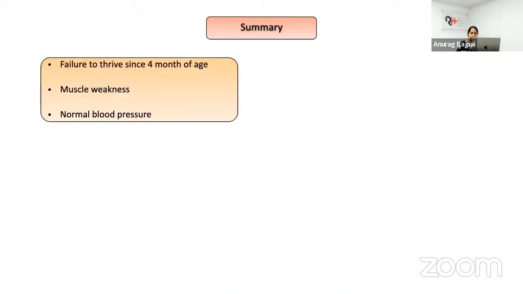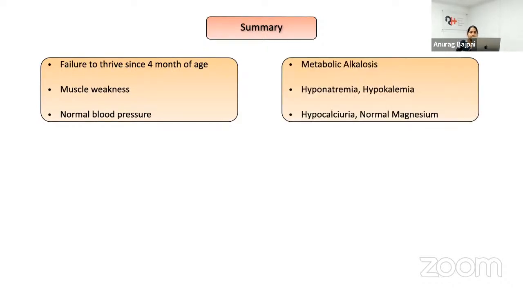Definitely, sir. Now, if I summarize the case, we have this 12-year-old boy who had failure to thrive since 4 months of age, and he presented with muscle weakness too, and his blood pressure was normal. In the lab investigation, we found a metabolic alkalosis with hyponatremia and hypokalemia, and with normal magnesium and hypocalcemia.